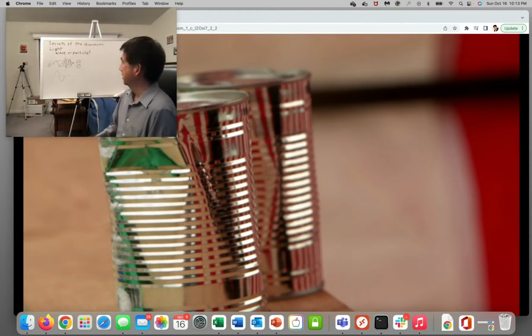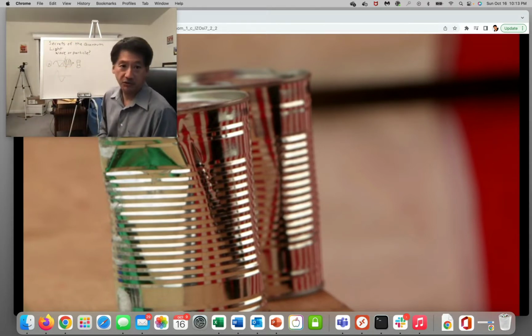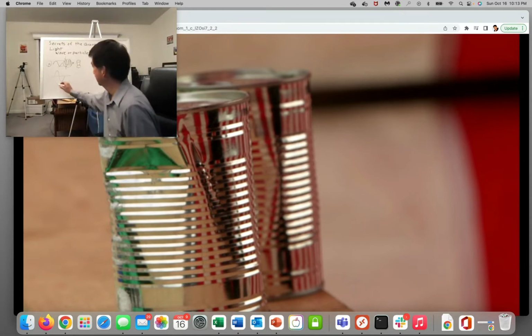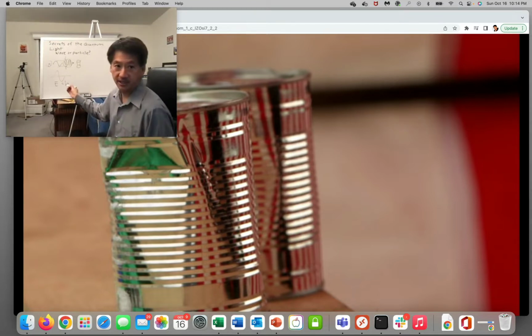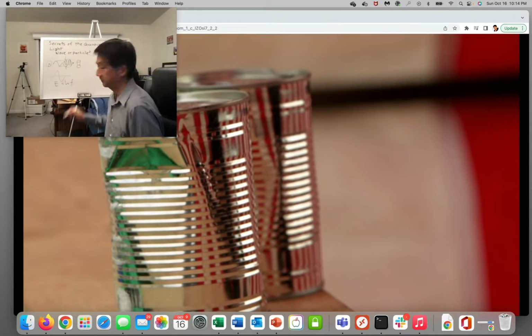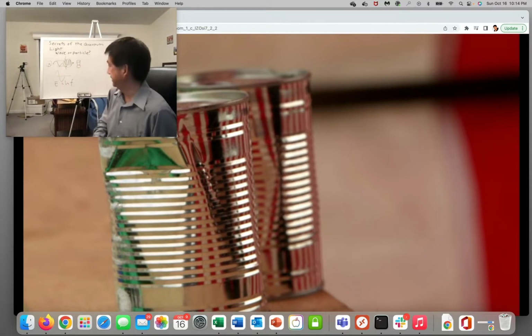Now you might wonder, taking this one step further, why would all waves have constant amplitude? One of the pieces of evidence is the formula for the energy of a light wave, which is the energy equals H, which is Planck's constant, times F, frequency. Okay, and that's it.